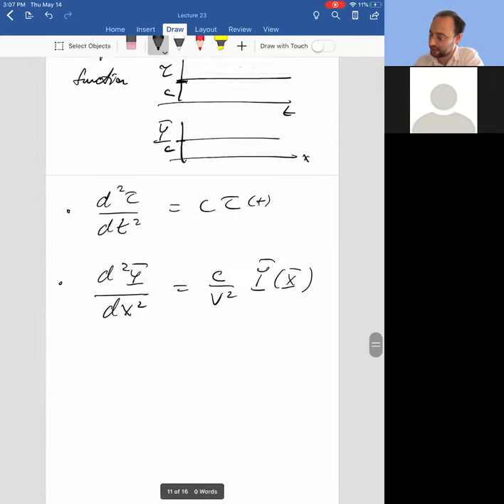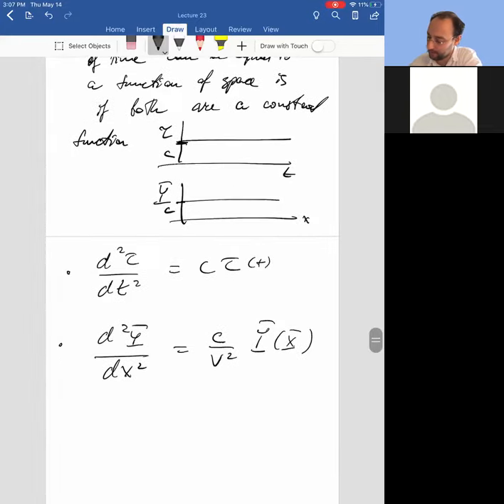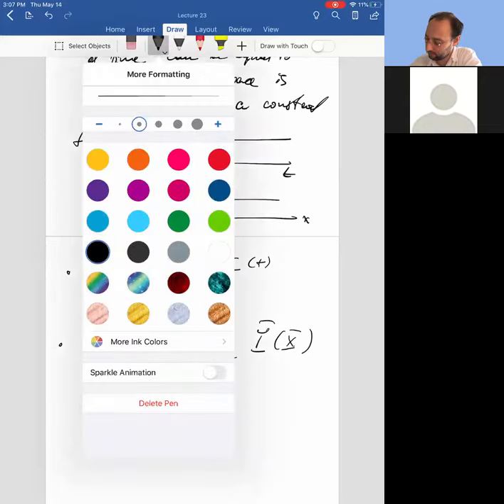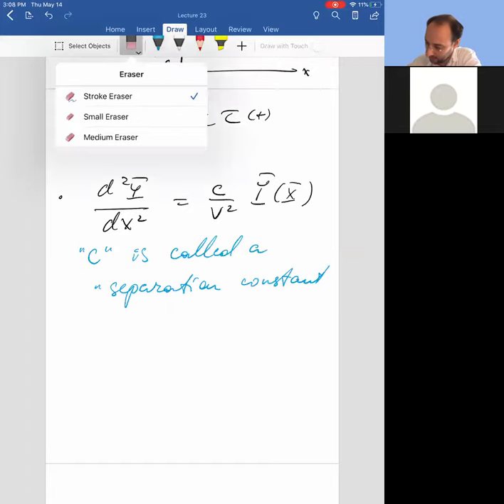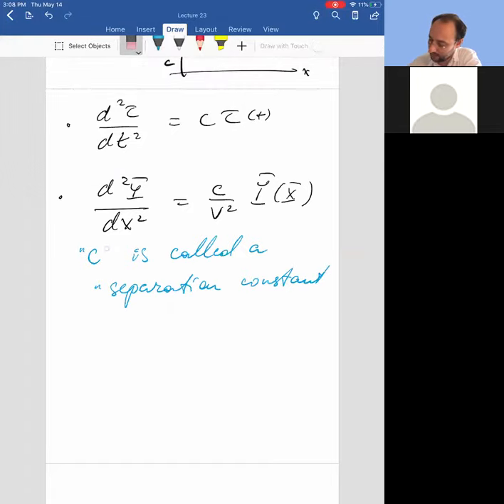This c is called the separation constant, right? It's constant because it is a constant, and separation because it separates.